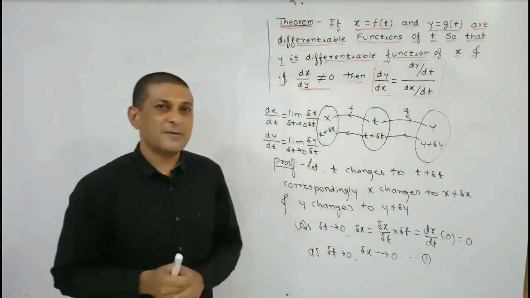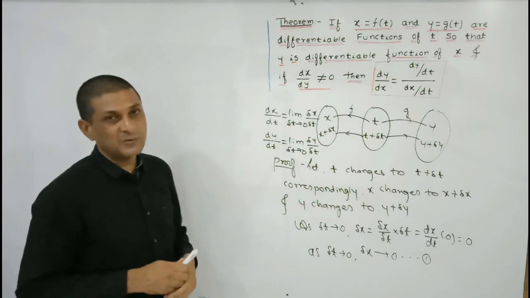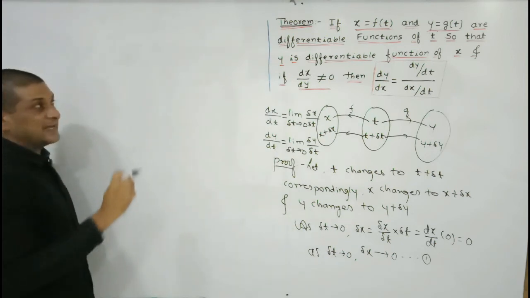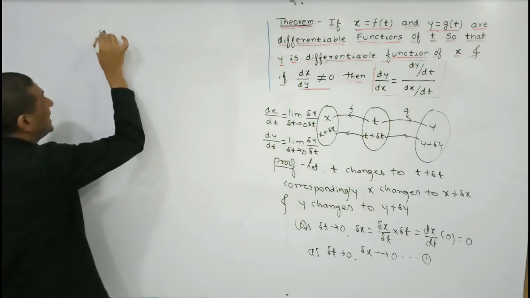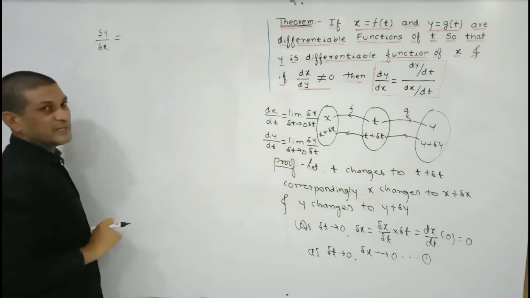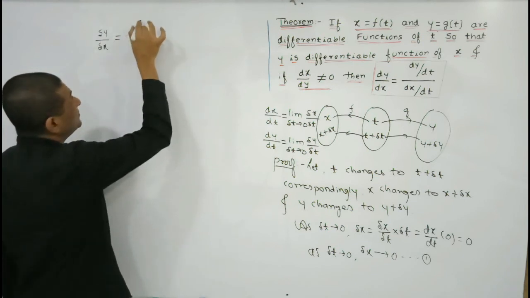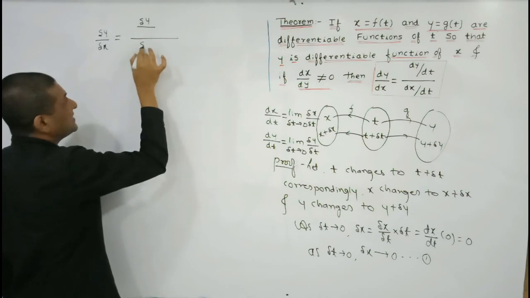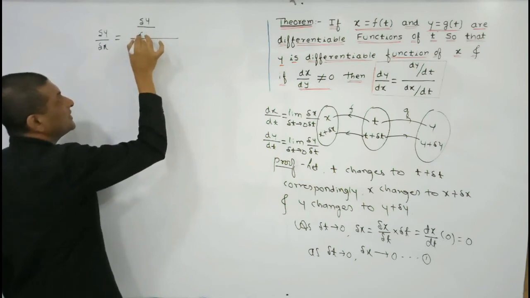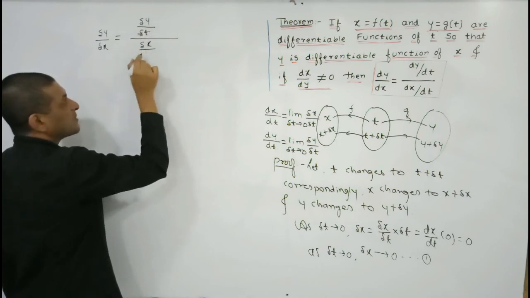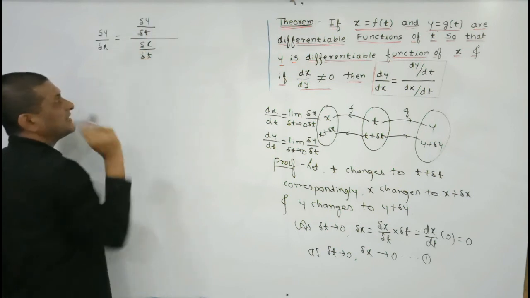Now we have to take a step observing our required result. What is the left hand side? dy by dx. So on this side we take delta y upon delta x, and on the right hand side, to get our right hand side, I am dividing the numerator by delta t, and since I am dividing the numerator, I am dividing the denominator also by delta t.